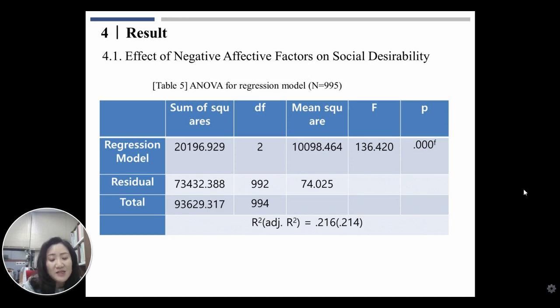In Table 5, since the significance probability for the regression model was 0.000, which is lower than 0.05, it was confirmed that the hypothesis that negative emotional factors affect the social desirability of college students was established. The R-square value is the explanatory power of the dependent variable explained by the independent variables.